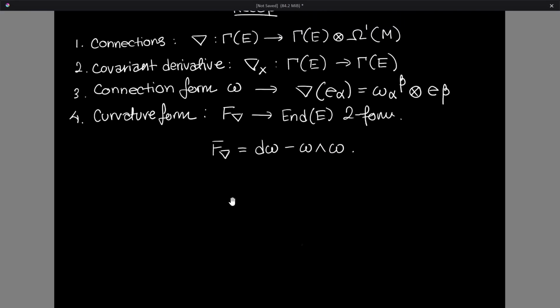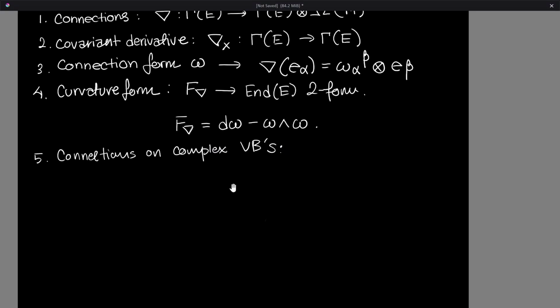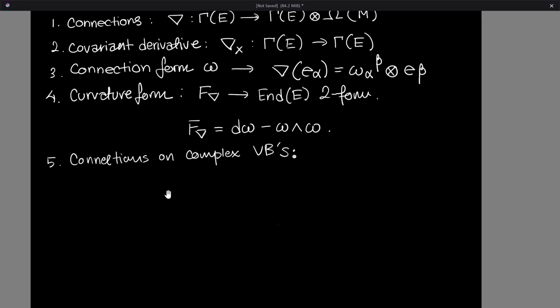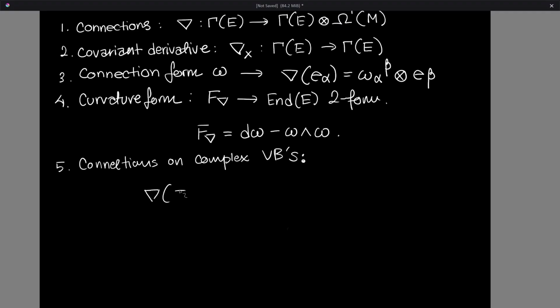So then we looked at connections on complex vector bundles, which ended up with this idea that nabla of J of S is equal to J of nabla of S. That was the complex compatibility condition.